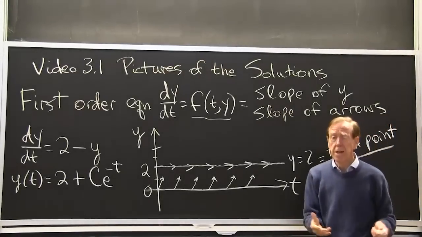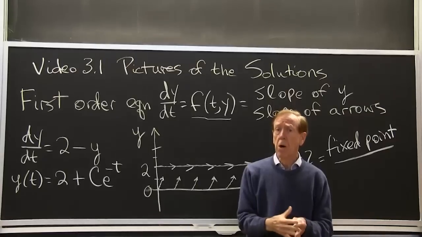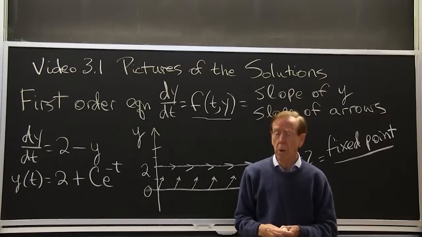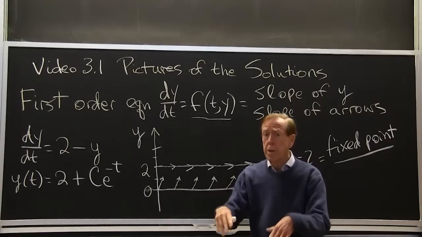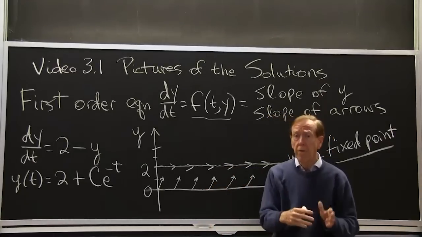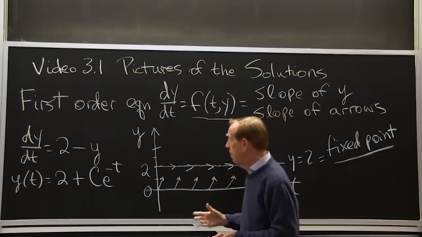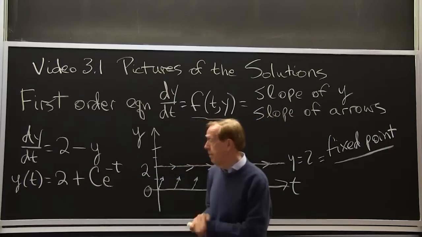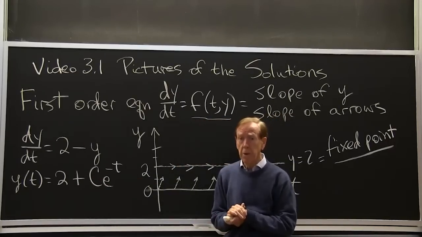And the question is, if I don't start at y equal to 2, do I move toward 2 or away from it? Okay, so I can see from the formula what the answer is going to be.